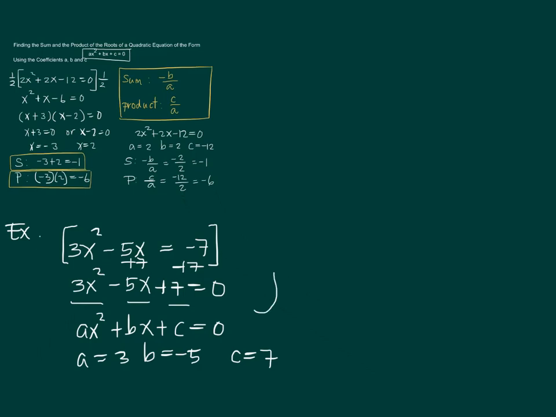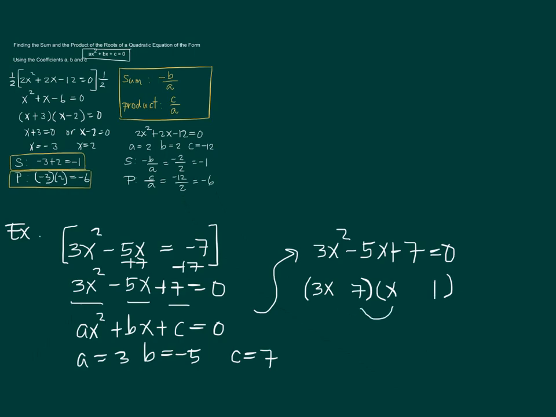Now, note that if we attempt to solve for the roots of the equation, then we need to factor it. But as you can see, the only option that we have for 3x squared is 3x and x. And then for 7, we can have 7 and 1, and then interchange them later on.